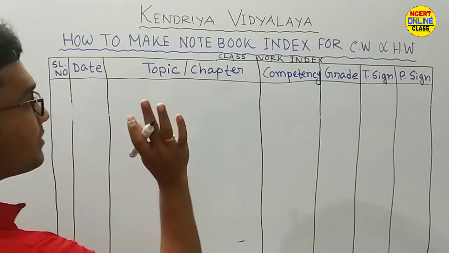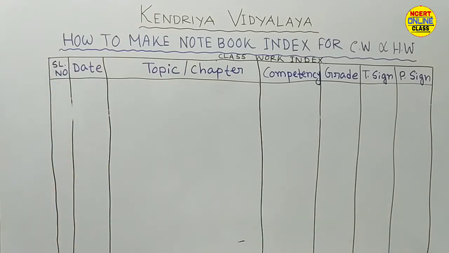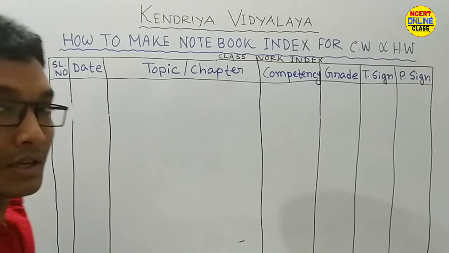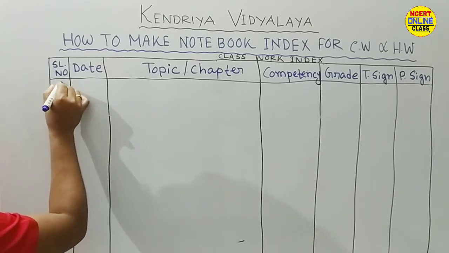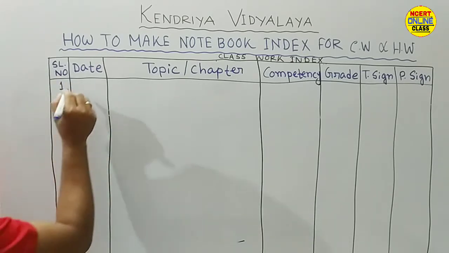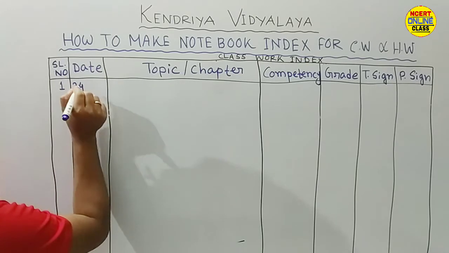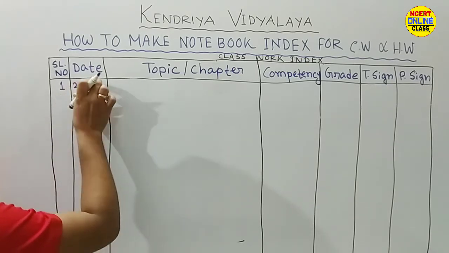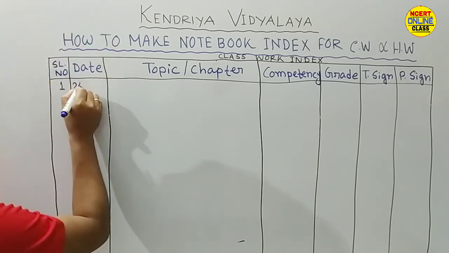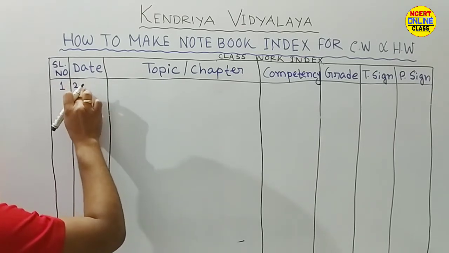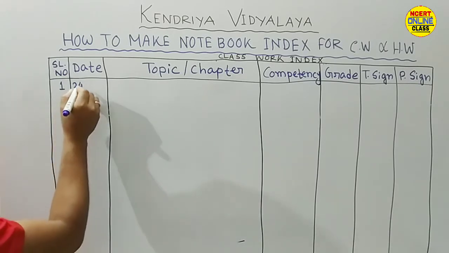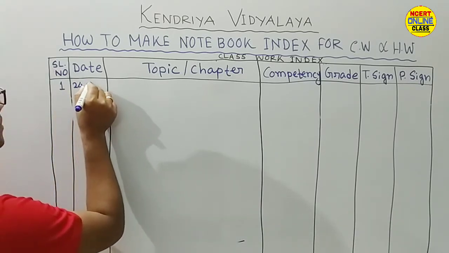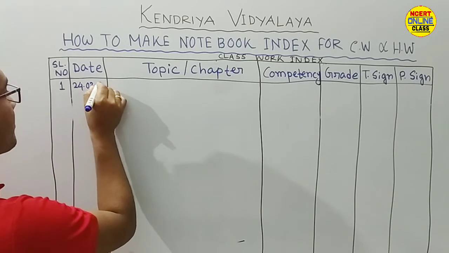Imagine your class teacher writes a class for class 3 English, good morning, class writing. So you need to fill up like this. Serial number 1. Imagine today's date, so 24. Sorry, imagine tomorrow's date. Imagine it is 24/03/21.